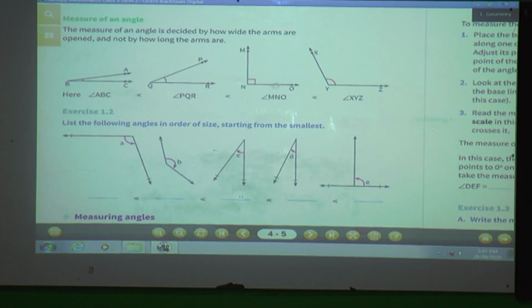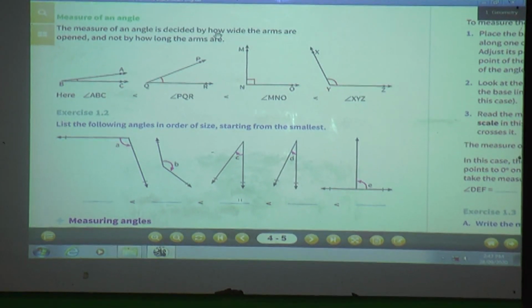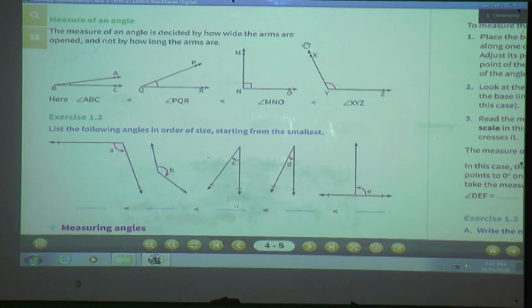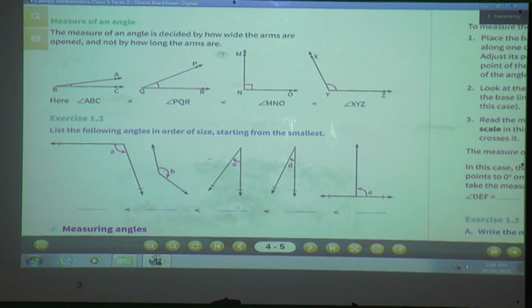Here are some figures. See, the measure of an angle is decided by how wide the arms are open and not by how long the arms are.